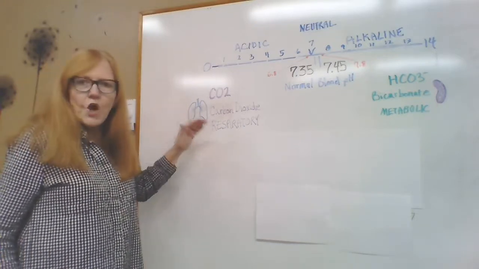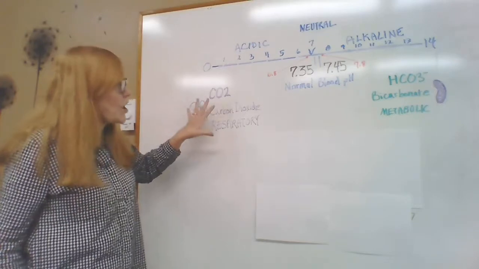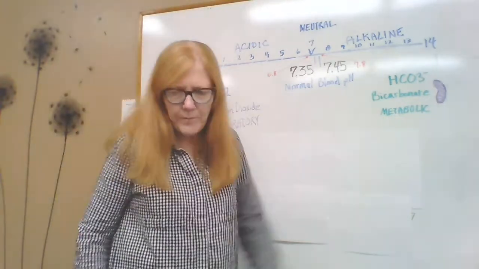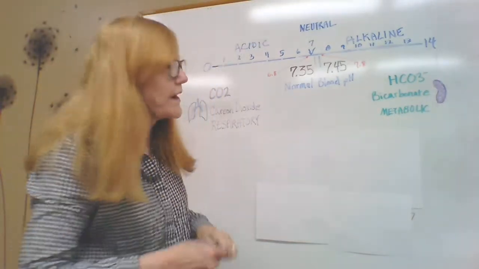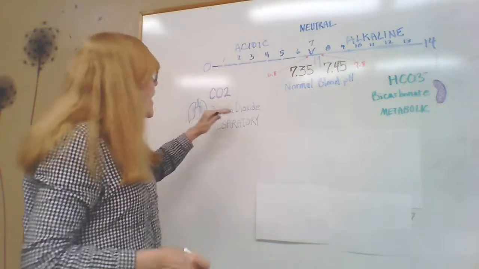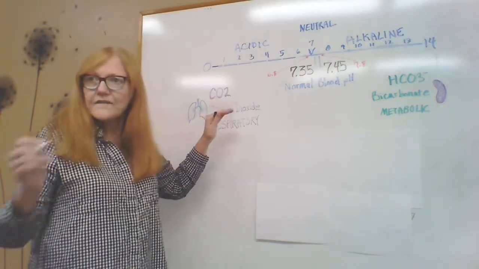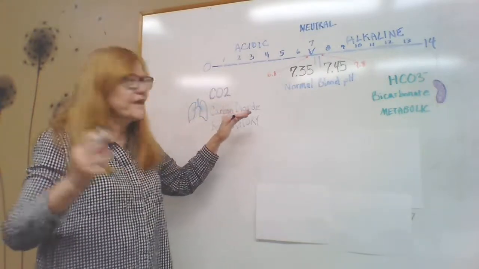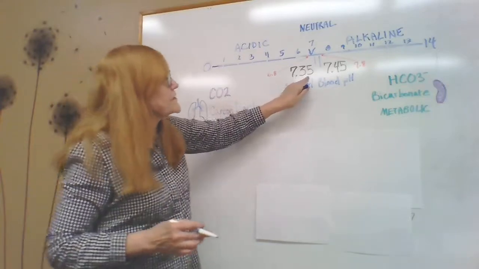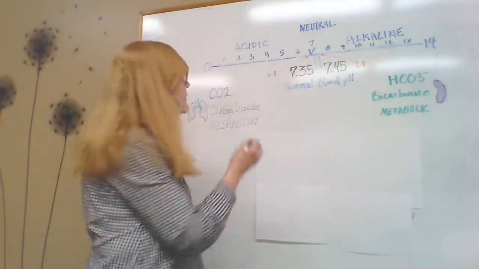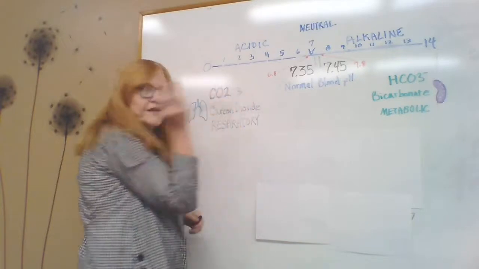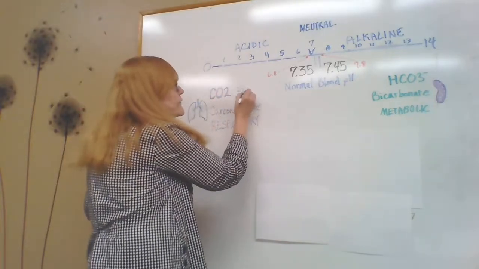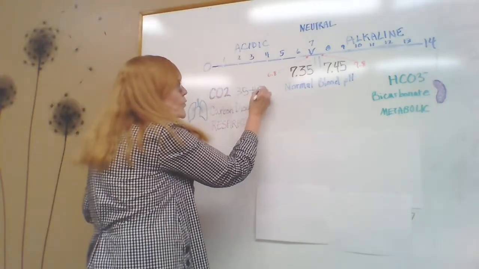So we need to know the numbers in addition for carbon dioxide and bicarb, and you learned those last week also. And as a reminder, what is the range for carbon dioxide? That's correct. Do you remember the numbers? I said, look at this, 35 and 45. That helps me remember. So it is, as you mentioned, 35 to 45 is the normal range.